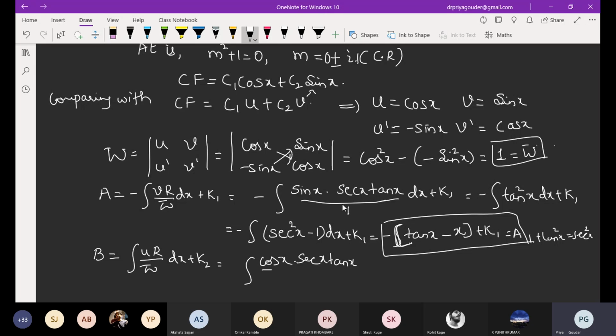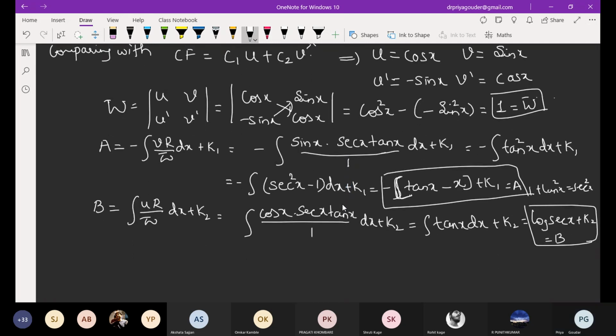Secant into tan, divided by W, which is 1. What is cos into secant? 1. So the remaining is tan. What is the integration of tan? Log of secant x. Don't forget those basic things. This is B.